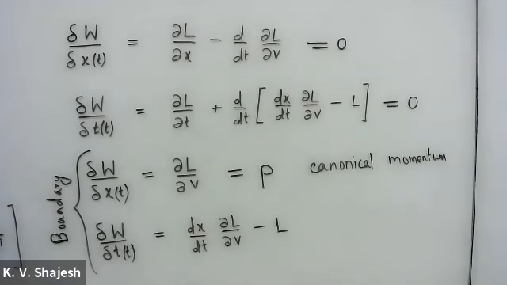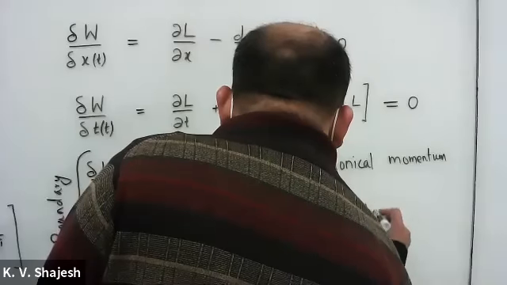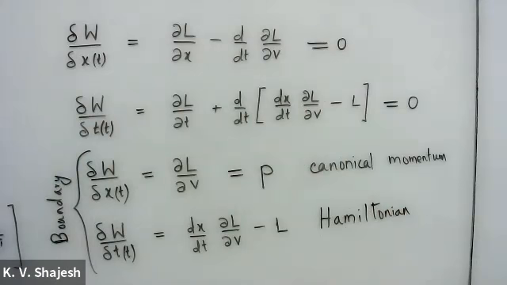Oh, mv velocity squared. P v minus L. That's a Hamiltonian. Oh yes, I see. That's a Hamiltonian. Right, so everything fits together now.